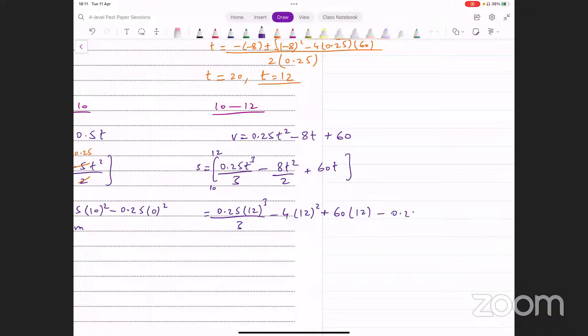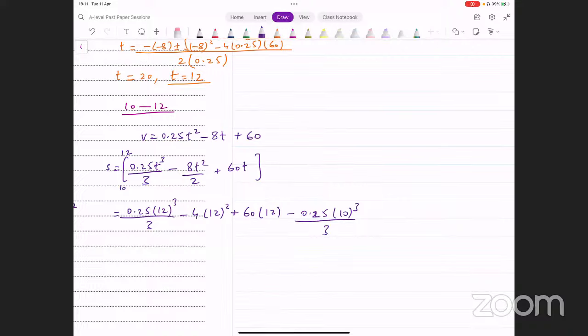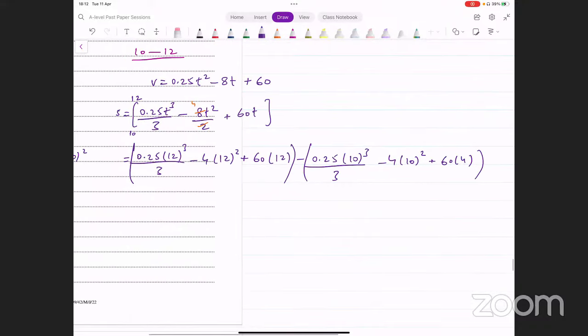Subtract from that 0.25 into 10 cube divided by 3 minus, bracket आना चाहिए यहाँ पे. Subtract from this case when you input 10 there. 0.25 into 10 cube over 3 minus 4 into 10 squared plus 60 into 4. ये evaluate कर लें बेशक कैलकुलेटर से डायरेक्टली, और आप देखें आपके पास इससे क्या आता है.